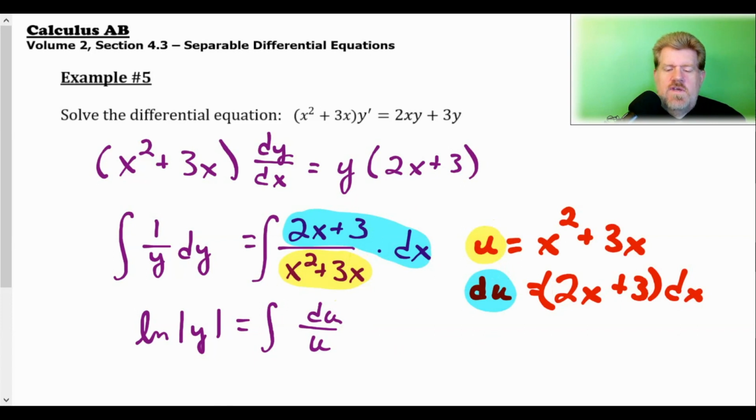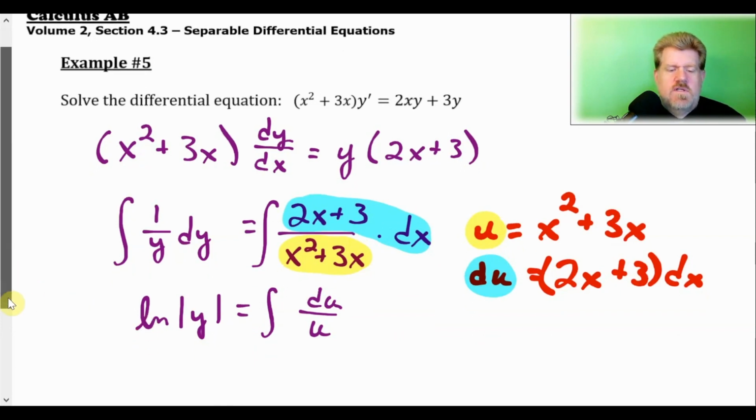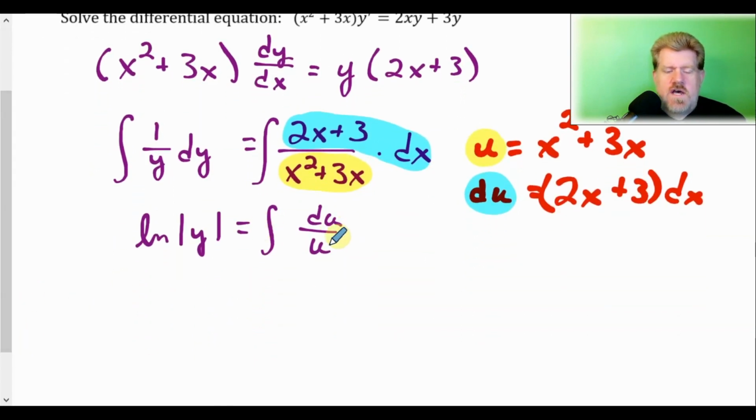All right, now that we have that, can we integrate this now? Because really this is just 1 over u du. The integral is the natural log of u plus a constant.